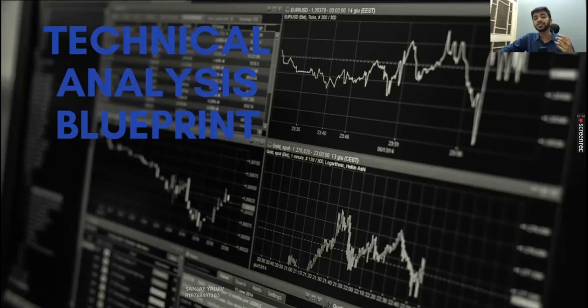This represents psychology, and that's what we are now going to understand. As we understand each different type of candle, we'll also understand the psychology behind it, because psychology is more important than the shape. Shape is okay, but if you don't understand the psychology behind it, that's not of much use.